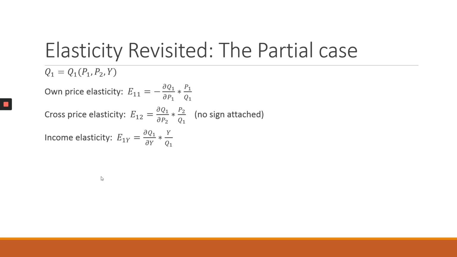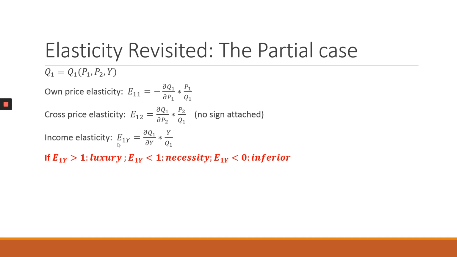With income elasticity, you're looking at the change in Q1 as income changes, right? So you take the partial derivative of Q1, your demand function for good one, with respect to Y, multiplied by Y over Q1, right? So with the income elasticity as well, we have got three possible outcomes.